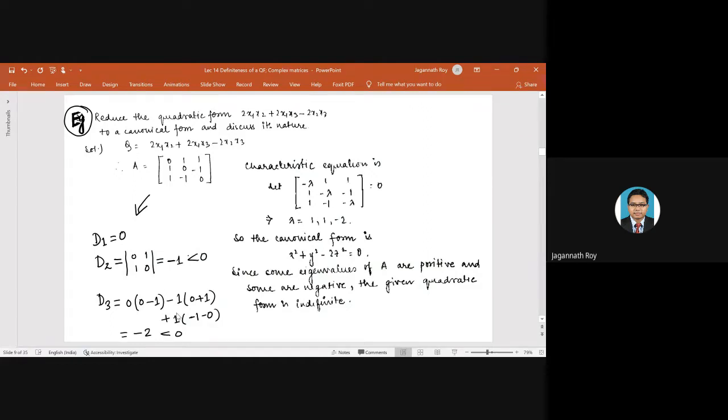Now, for quadratic forms, we will be interested in finding the canonical form. For a quadratic form, we do some transformation and find the canonical form.